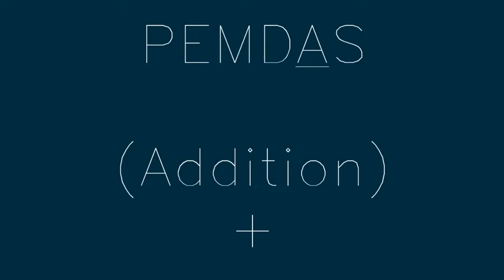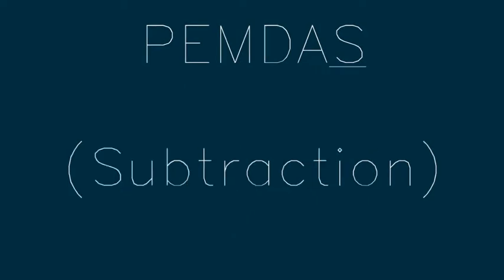Now the S finally stands for subtraction. The thing with this is that you're going to follow a certain order. You're going to first solve the parentheses, then the exponent part, then you're going to move on to the multiplication part, then you're going to divide, then add, and then finally at the end you're going to subtract.